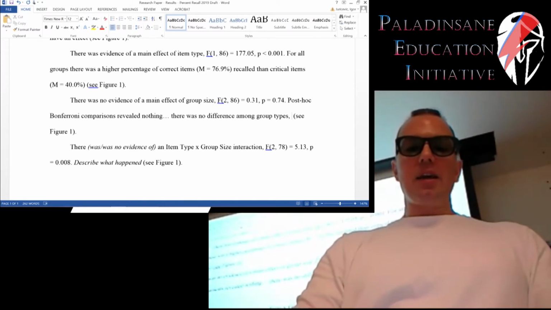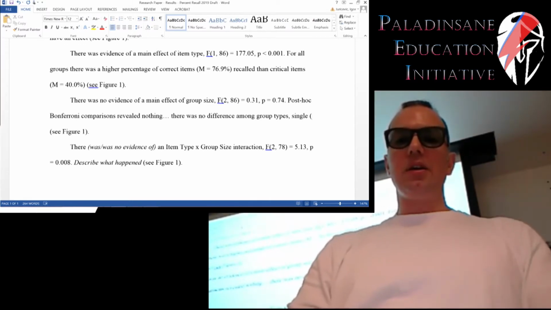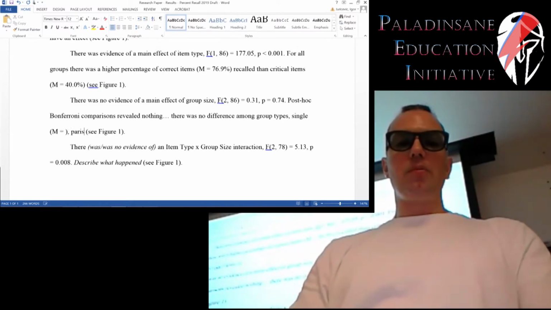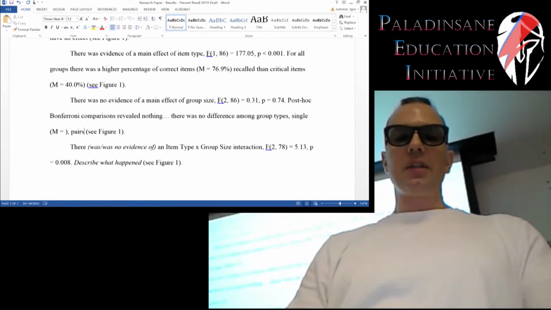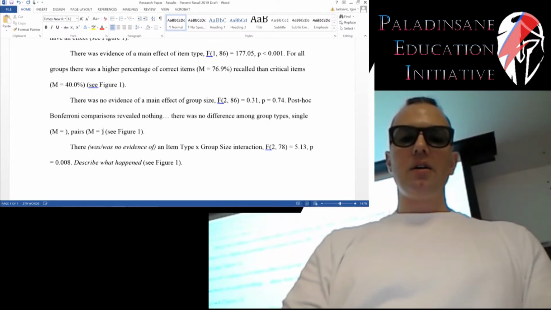So the last thing that I'm going to add here is when you are reporting the no differences, you do want to report pairs. You do want to report the individual scores as well.